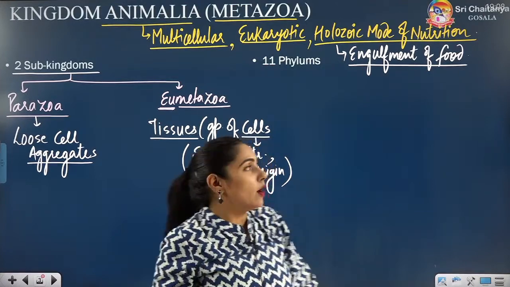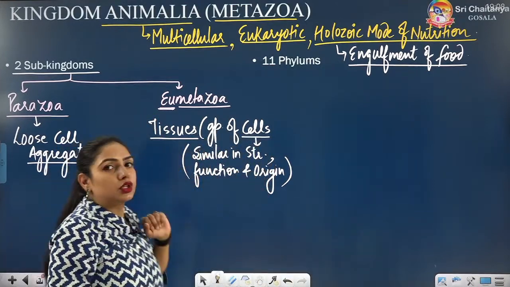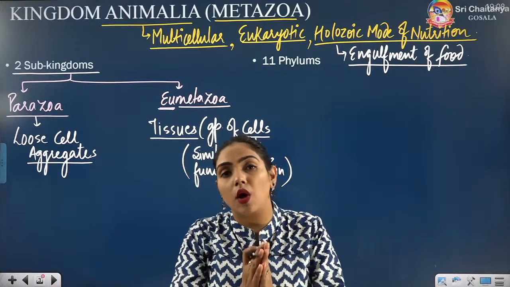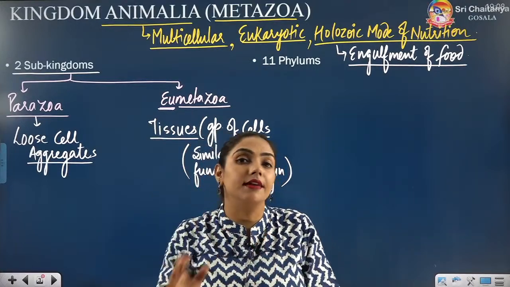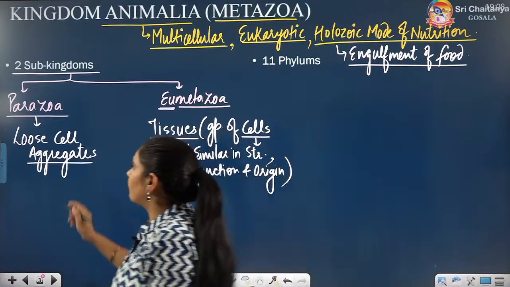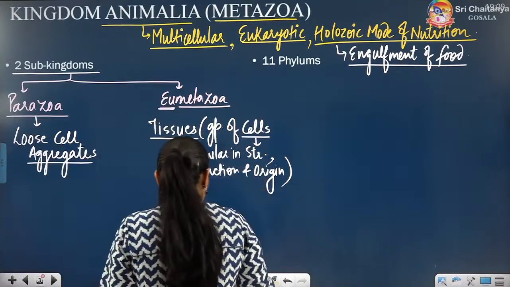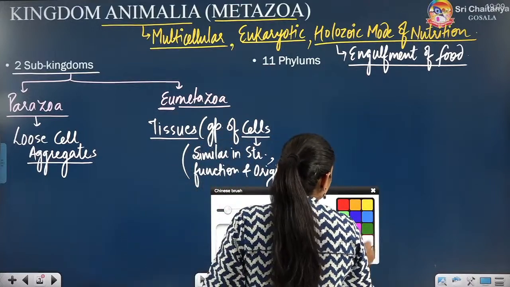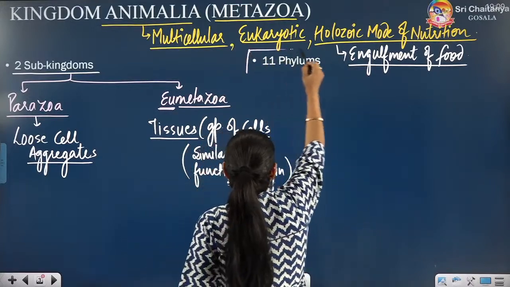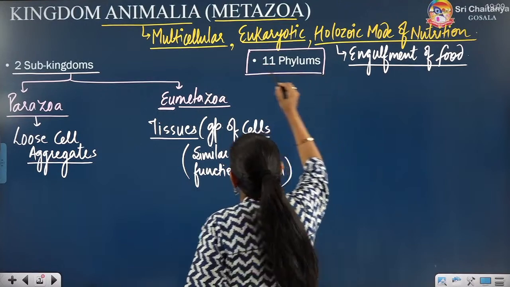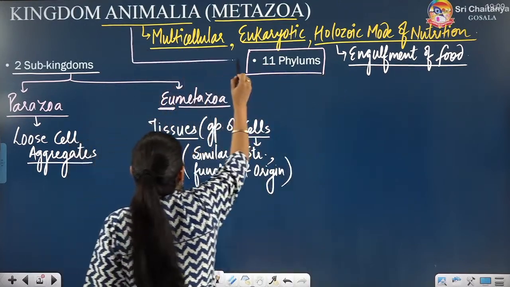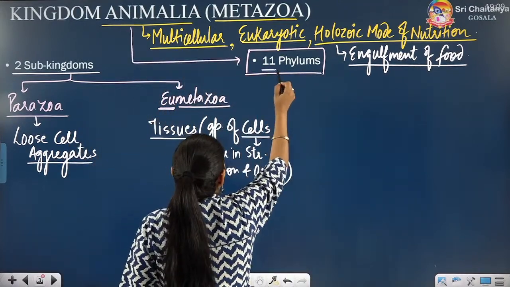Alright. So now you have understood tissues. So tissues are found first in the Coelenterata phylum. Okay. The phylum which is coming under parazoa. So how many total phylums are we going to study in this animal kingdom? In this kingdom Animalia, 11 phylums.